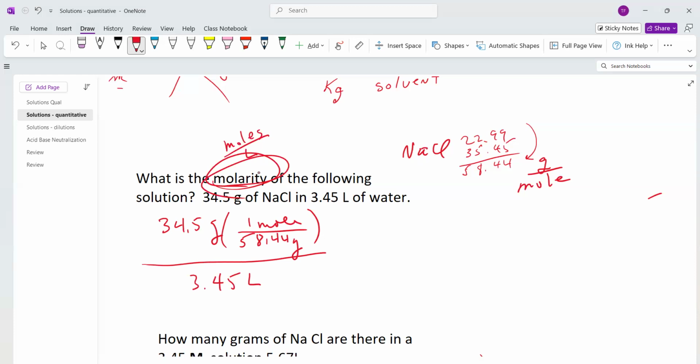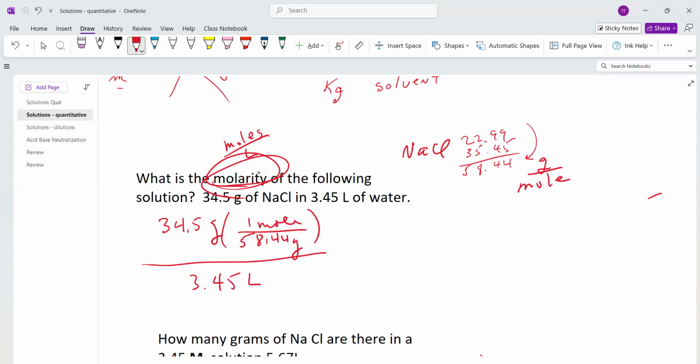Now you can do this in one step or two steps. I recommend two steps, meaning you do the top one first and then do the bottom one. If you do it in one step, it's two divisions, and that confuses a lot of people. Just do it in two steps. Now there are two ways to create a solution, a wet way and a dry way. We're doing the dry way right now.